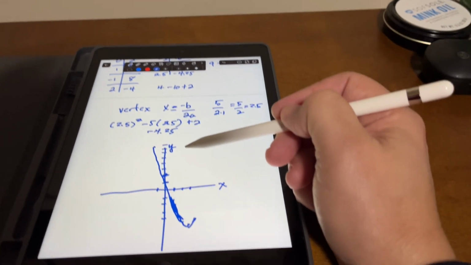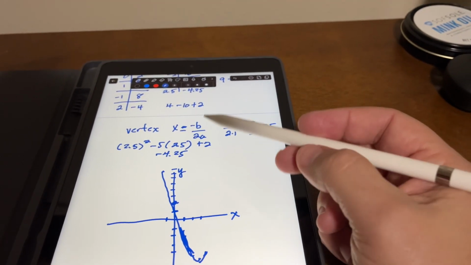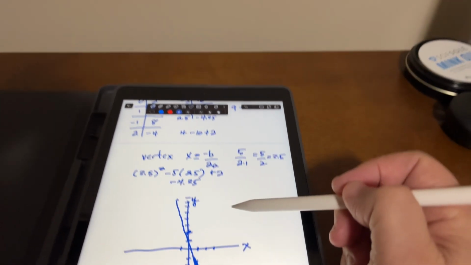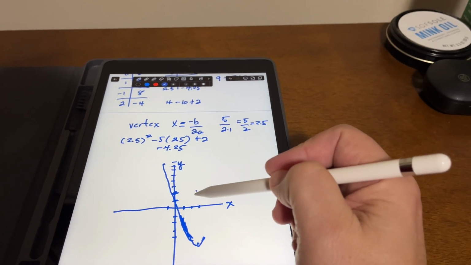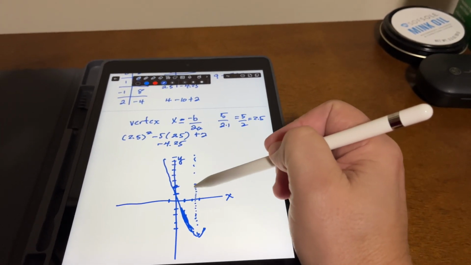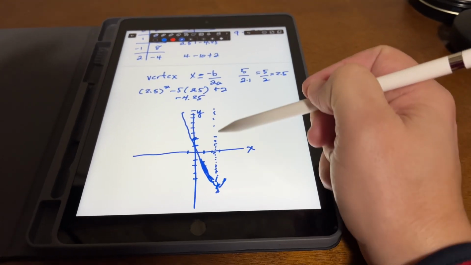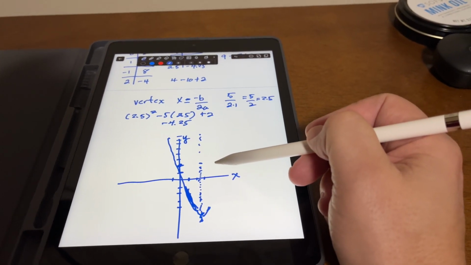And what I know is that this is symmetrical. So if I draw a vertical line at 2.5, which is where the vertex hits here, if I draw a dotted line there, then I know this half needs to look like this half.